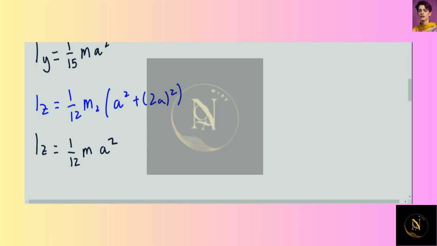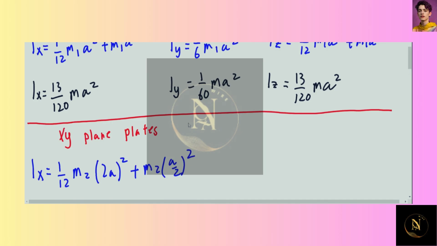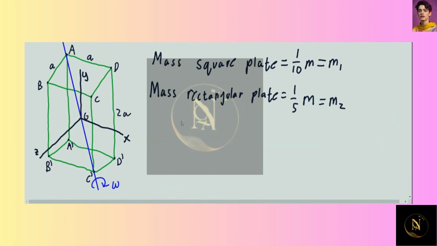So next we're going to find the moments of inertia of the plates that are on the YZ plane. So it's going to be the plate on the left and the plate on the right.